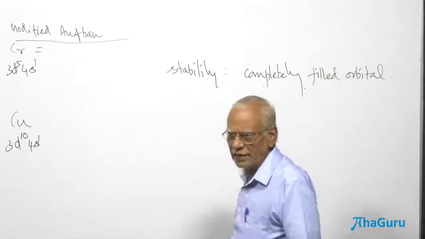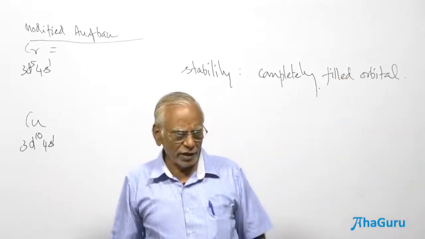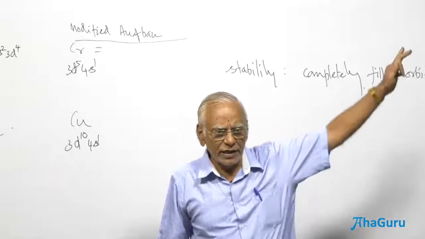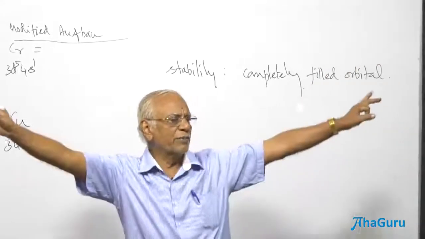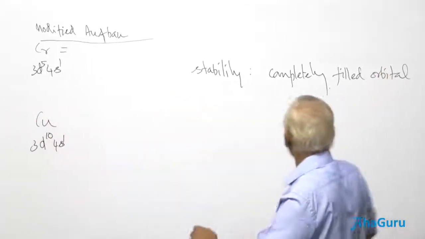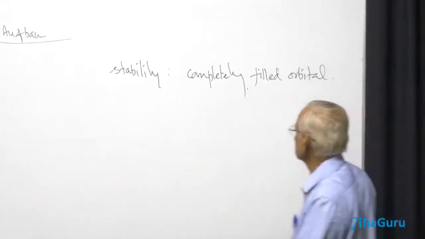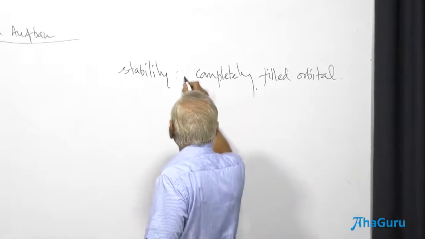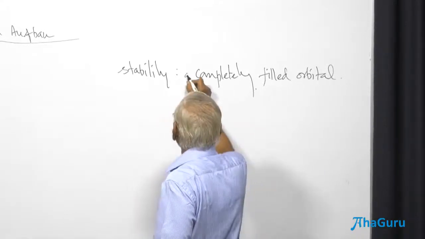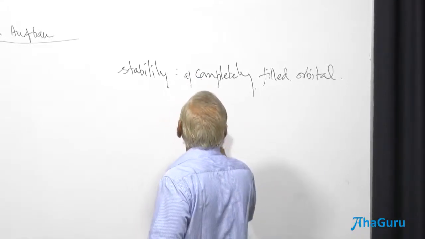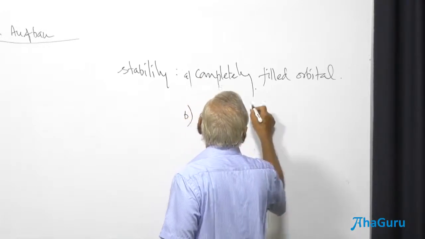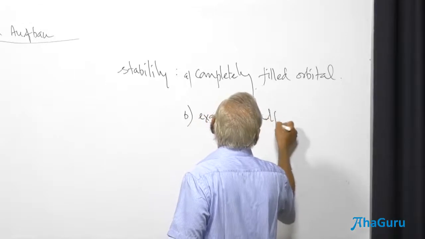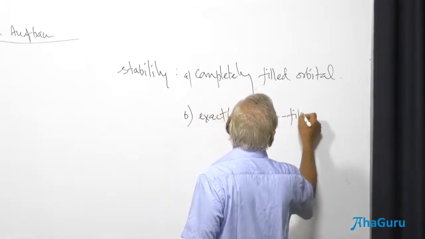That is what we saw in the case of the rare gases, helium, neon, argon, krypton, xenon, etc. All the orbitals are completely filled. The next one in the decreasing order of stability is the exactly half-filled orbital.